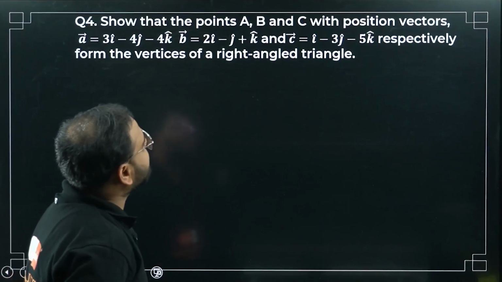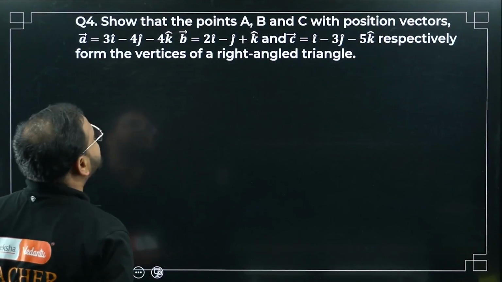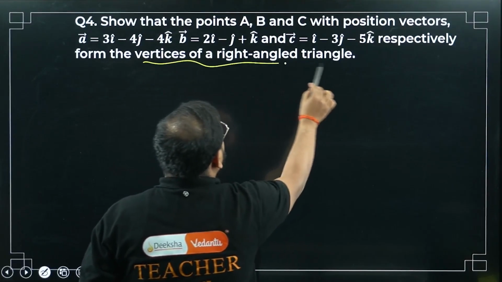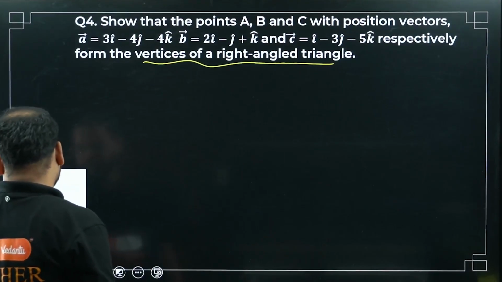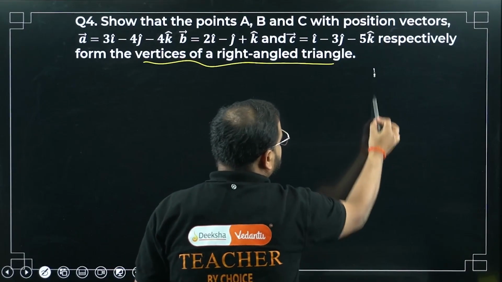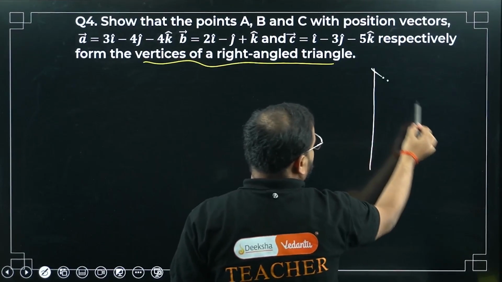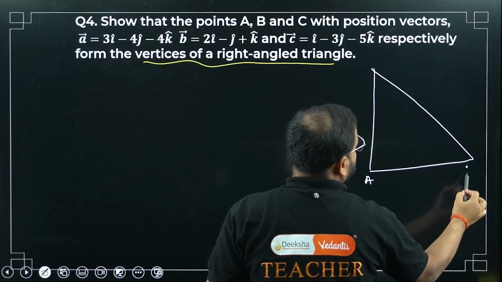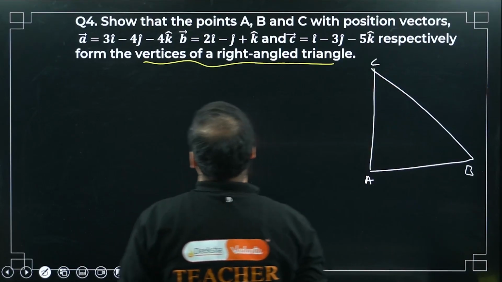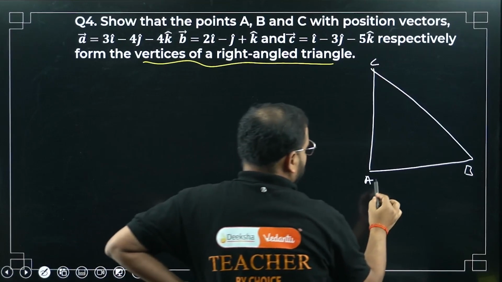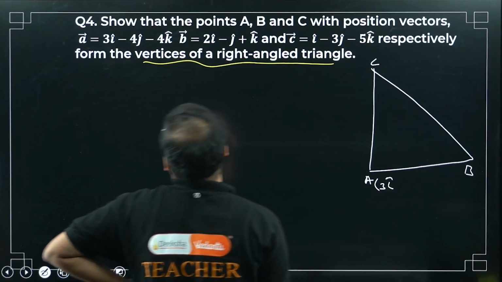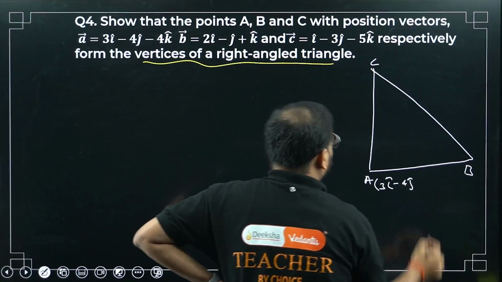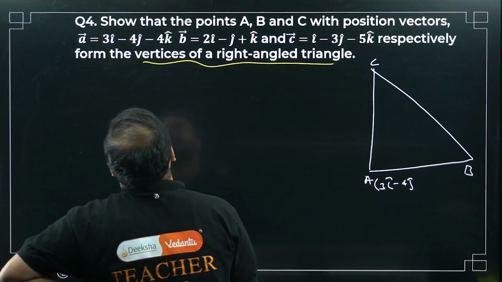So that the points A, B, C with the position vectors given like this respectively form vertices of a right angle triangle. Okay, a good question. Let's draw a right angle triangle first. Like this. Let's say this is A, this is B, and this is C. A is 3i cap minus 4j cap minus 4k cap.